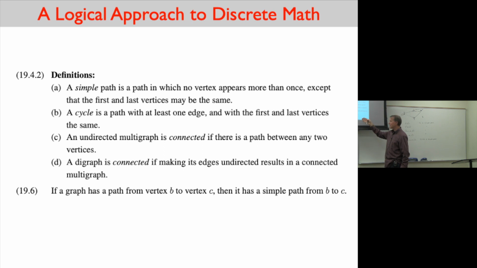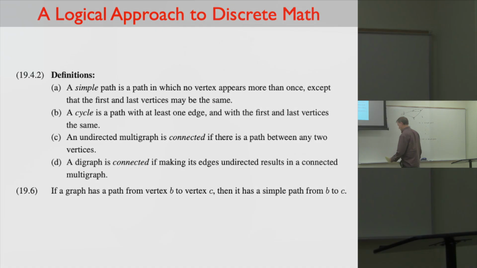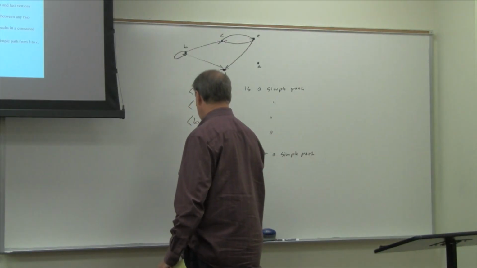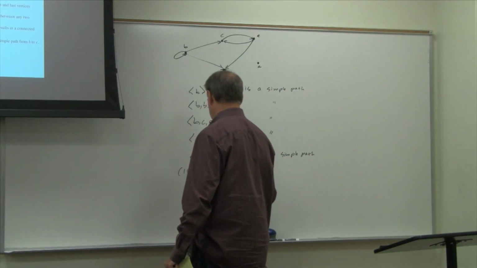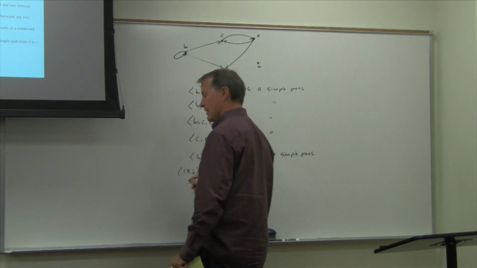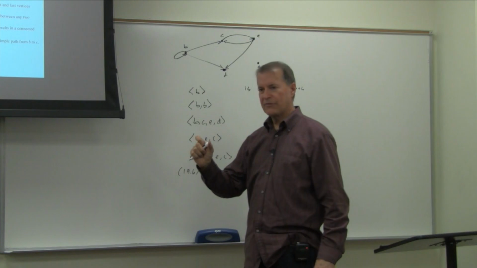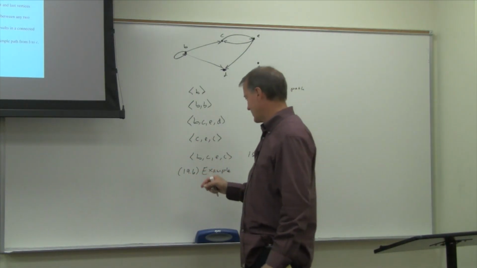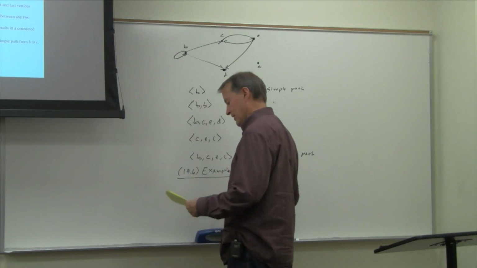But wait a minute, how can that be? To get from B to C, repetition is never necessary. You could cut all the repetition out and get just from B to C. Okay, so here we go.